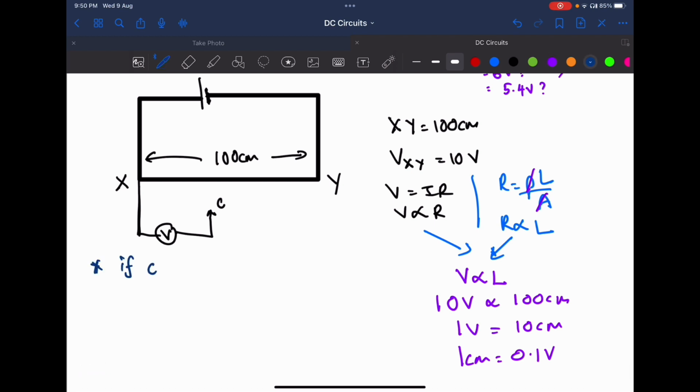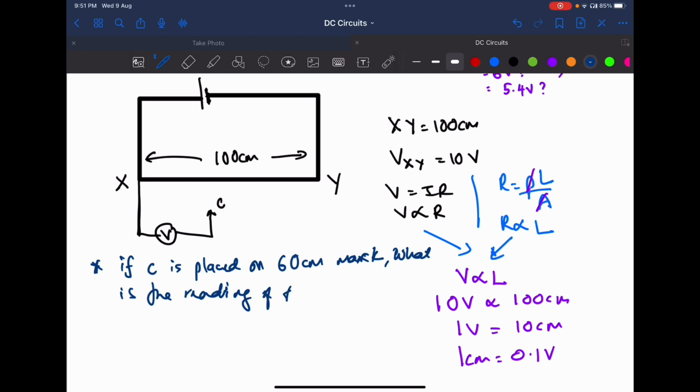So if C is placed on 60 centimeter mark, okay, what is the reading of the voltmeter?